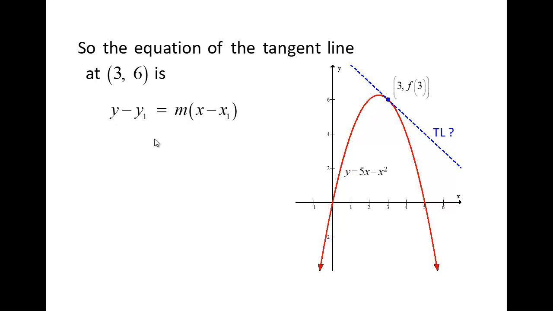Replace y1 by 6 and x1 by 3. We get y minus 6 is equal to minus 1 times x minus 3. Then we simplify and write it in slope-intercept form, and we get y is equal to negative x plus 9, and that is the equation of the tangent line.